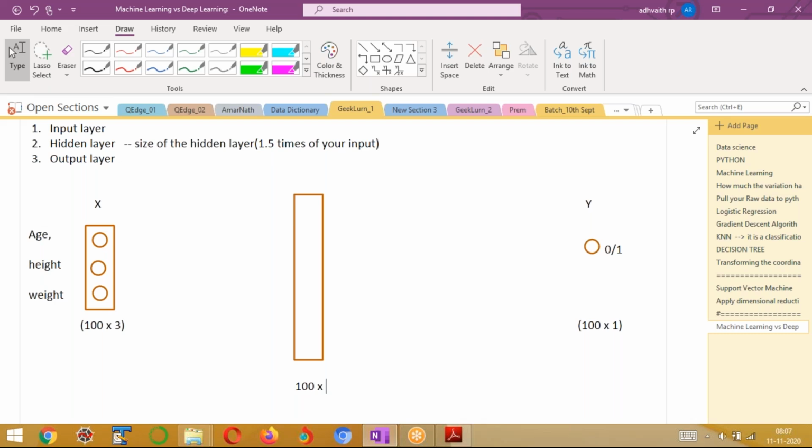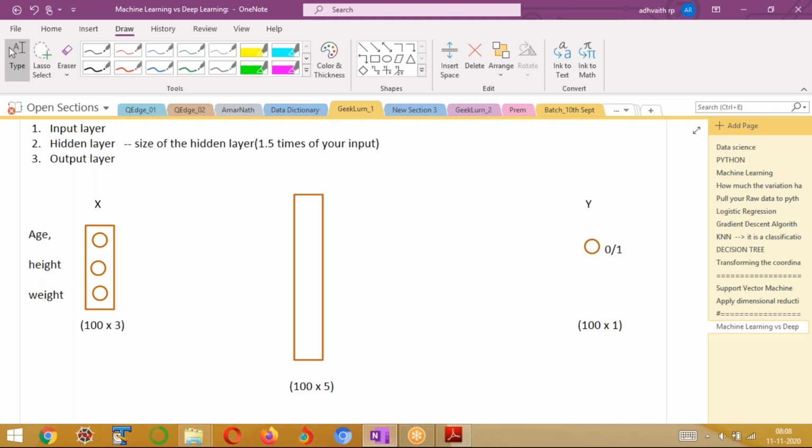I cannot take 4.5 columns, so I need to take either 4 columns or 5 columns. So I am choosing 5. Clear?